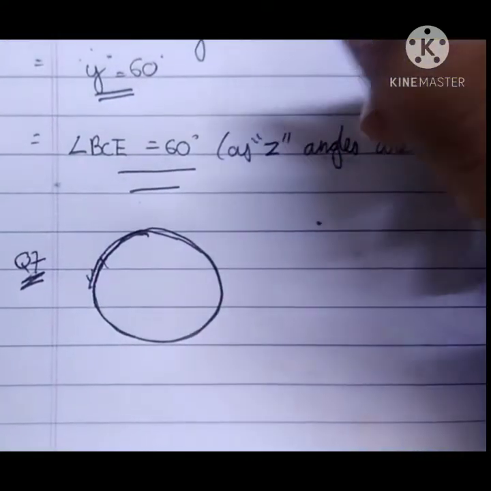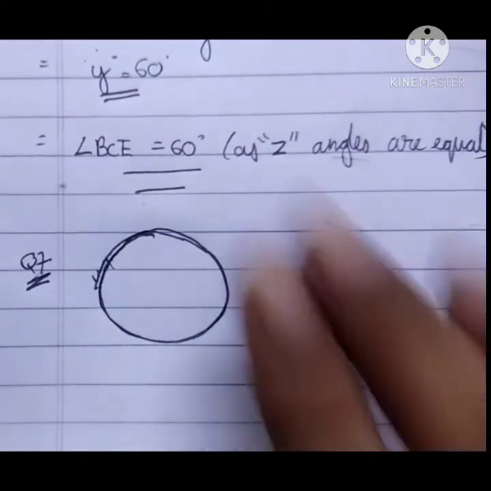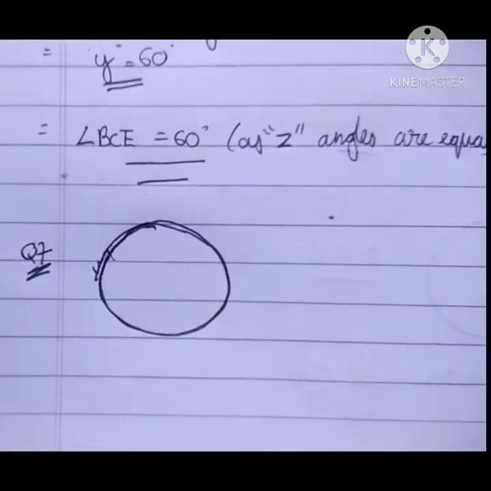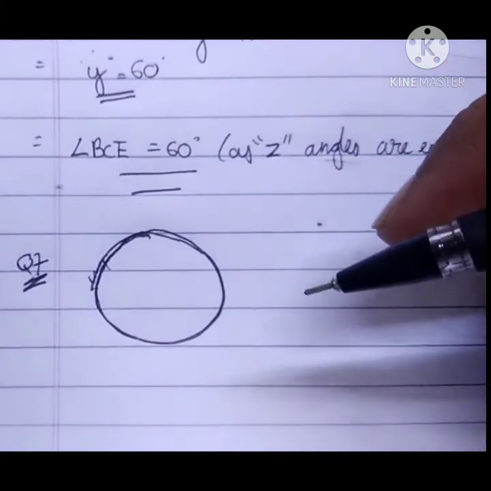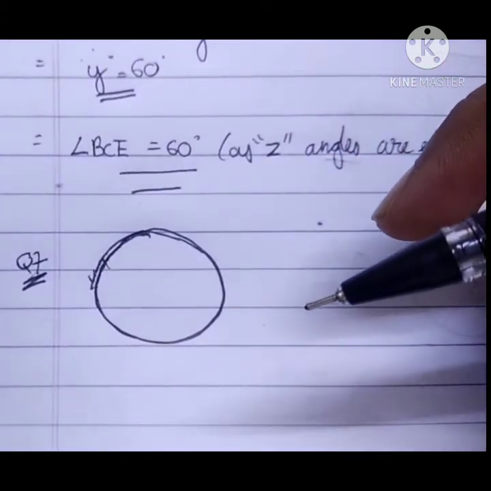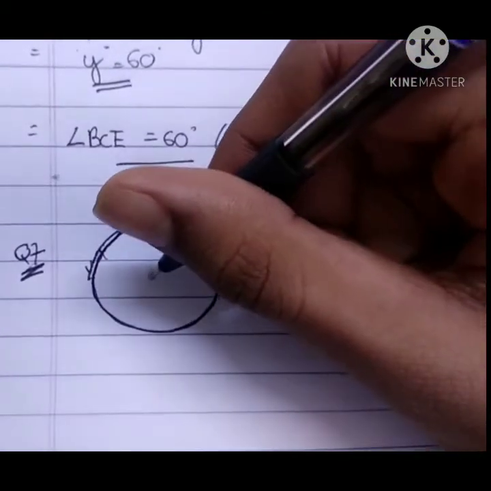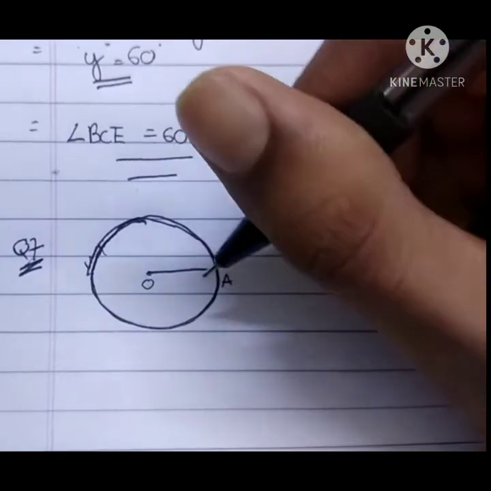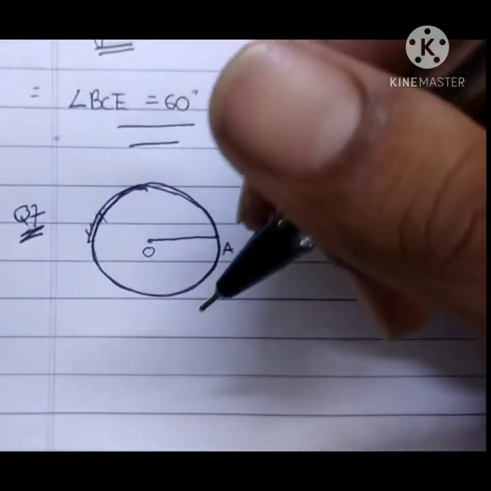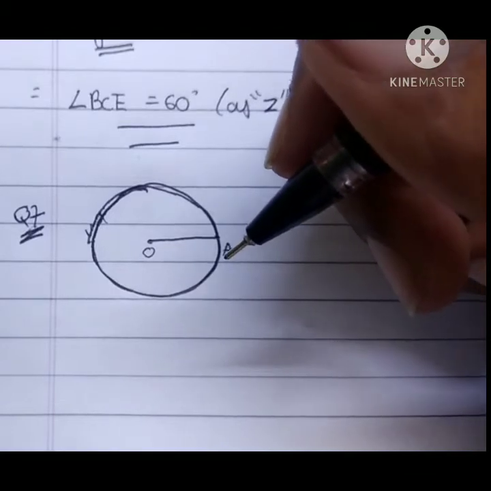So here it says that the circular field is fenced and the total cost of fencing is rupees 5280. We have to find the radius of the field. Let's name the radius as OA, and you can also let the radius be X, no matter. Now it is pretty simple.